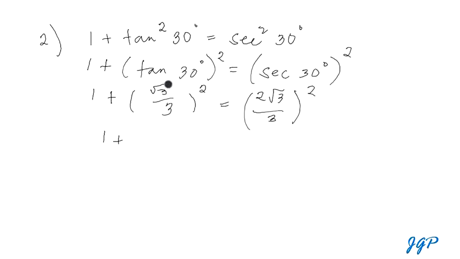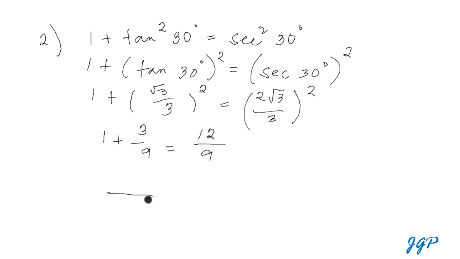Dinidistribute lang yan sa numerator and sa denominator natin. So, ibig sabihin, squared the square root of 3 and that is equal to 3. Over 3 squared, that is 9. Is equal to, this one naman, 2 squared times 3, 2 squared is 4. Times 3, we have 12. And then 3 squared, we have 9. Over 9. And simplify natin to.